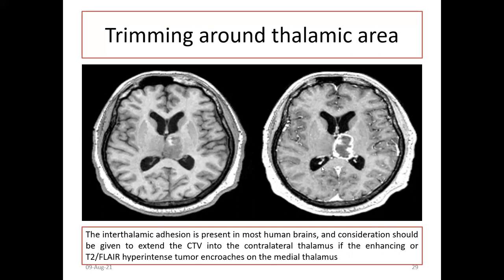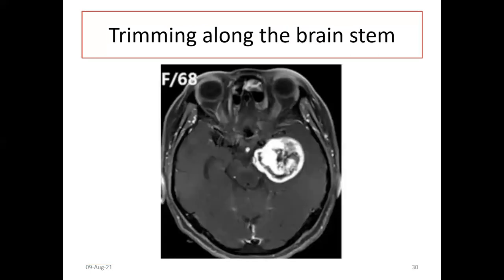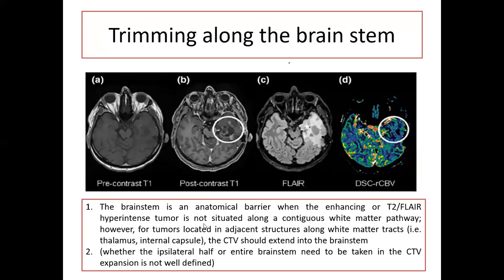So if there is medial thalamus encroachment, your CTV can go to the opposite side. Trimming along the brainstem: if any brain tumor lies along the internal capsule, temporal lobe and thalamus, that is again a tricky situation. The brainstem is an anatomical barrier when the enhancing T2 FLAIR abnormality is not situated along the contiguous white matter pathway. However, for tumors located in adjacent structures along white matter tracts like thalamus and internal capsule, the CTV should extend into the brainstem.